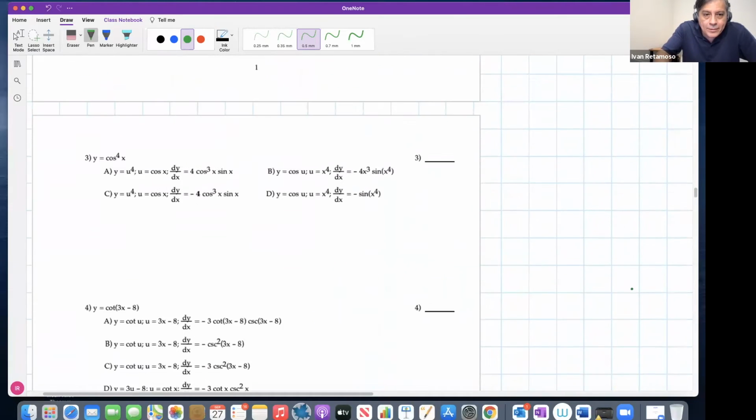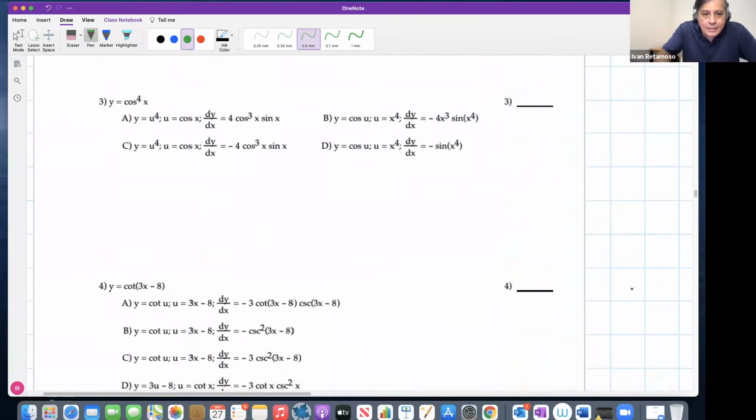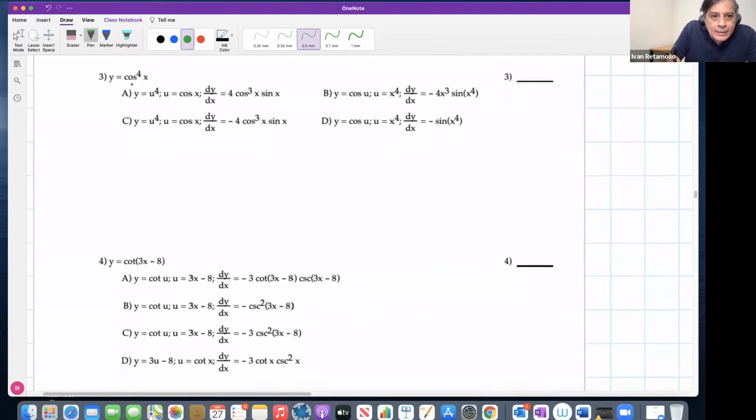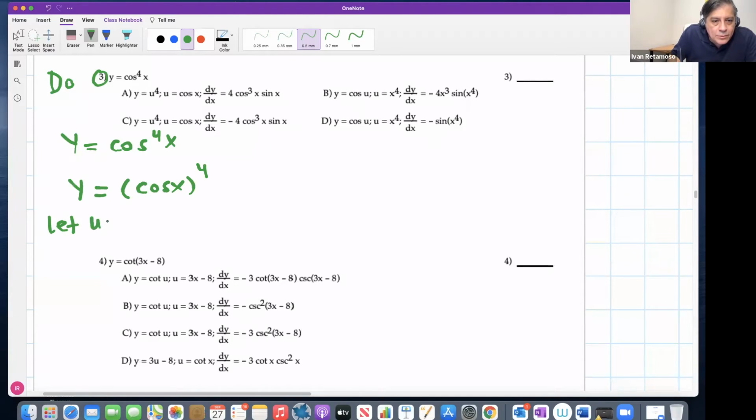So now let's do it here, right? Ourselves with this first version of the chain rule, and then we will go over the other one. Can you try to get the derivative of this guy? y equals cosine raised to the 4th power of x. Hint: rewrite this as cosine of x raised to the fourth power and let your u be the inside function, cosine of x.